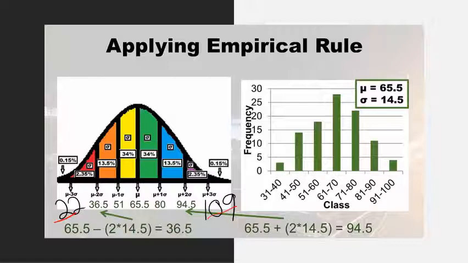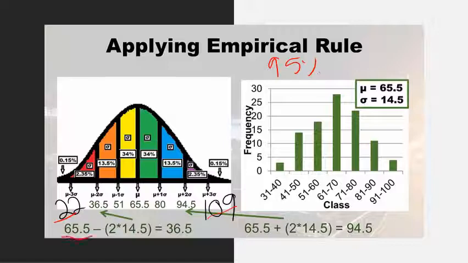Let's see what it looks like if we use 2 standard deviations. Remember, 2 standard deviations gives us 95%, so 95% of the data is going to fall within those limits. Let's figure out what those limits are. Let's find our lower limit first.